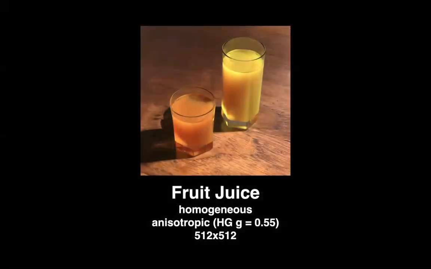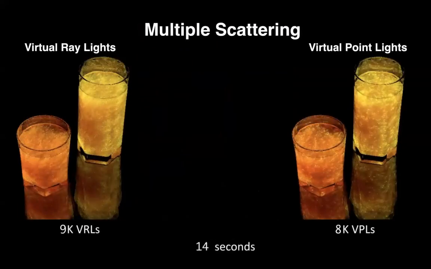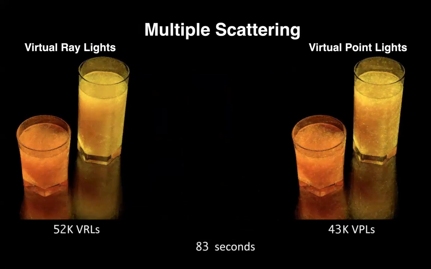So the first result, of course, was this nice looking fruit juice, which has this homogeneous anisotropic phase function. Once you render this with virtual ray lights, on the right side you have the VPLs, on the left side you have the virtual ray lights. You could see how the improvements are visible. In the VPL approach on the right side, you have these spikes, the singularities are visible there.